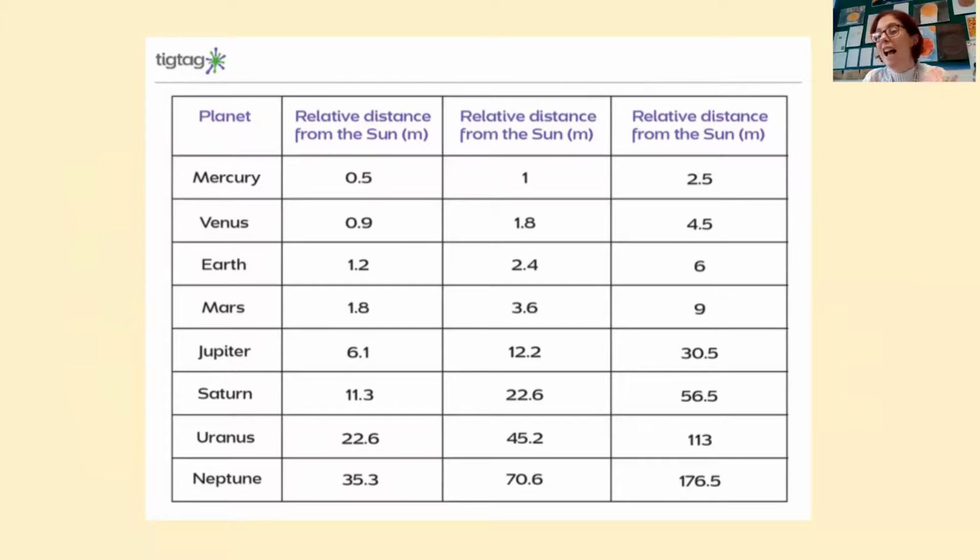It's just a bit of fun to have a go and to have a look at the distances between the planets, just to get an idea of just how vast our solar system is, because obviously this is us shrinking it right down on a small scale. Uranus and Neptune are not really only 176.5 meters apart. Obviously it's much bigger than that, but it just gives you an idea of how big those distances are.